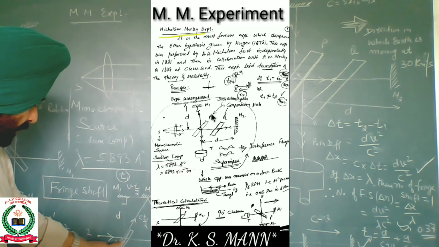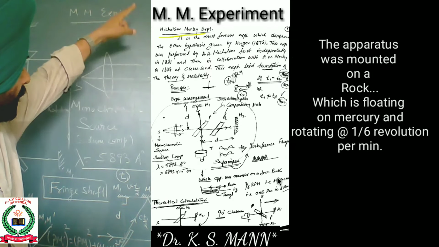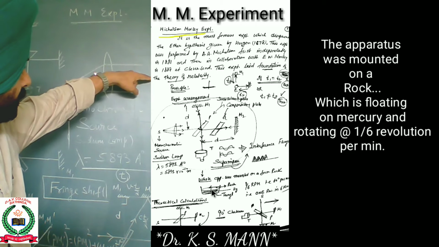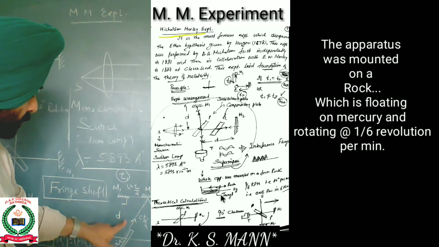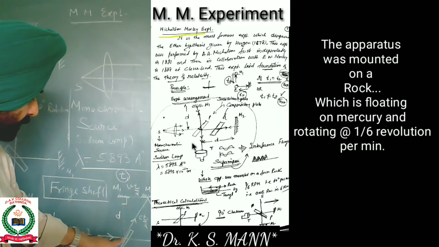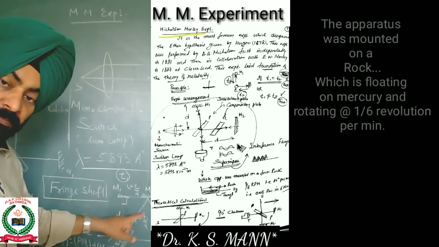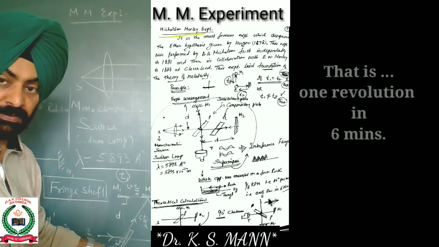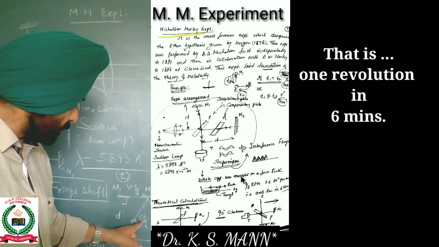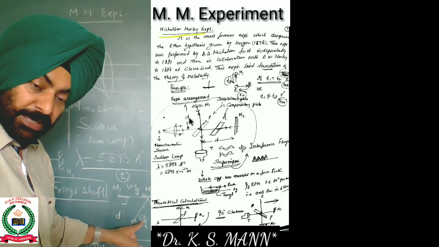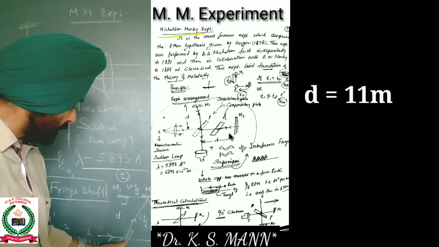The whole apparatus was mounted on a firm rock, placed in a big trough filled with mercury, and this rock is in continuous rotation at 1/6 revolution per minute, that is 60 degrees per minute, so one revolution in 6 minutes. The value of d used in the Michelson-Morley experiment is approximately 11 meters.